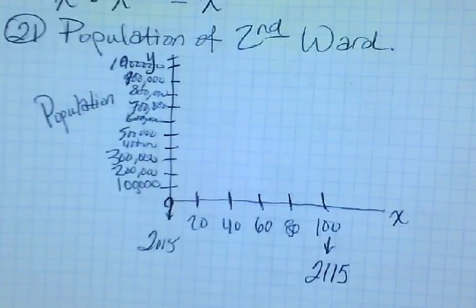How many people do you think are in 2nd Ward? Right, okay, so 4 million in the metro Houston area, 6 million in the surrounding areas altogether. How many do you think are in just this neighborhood?